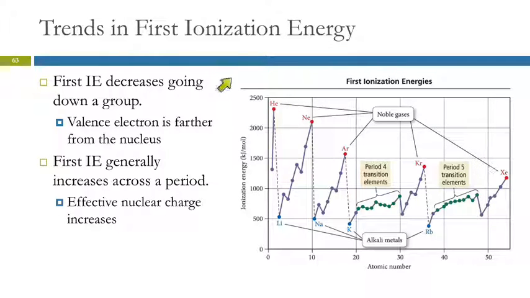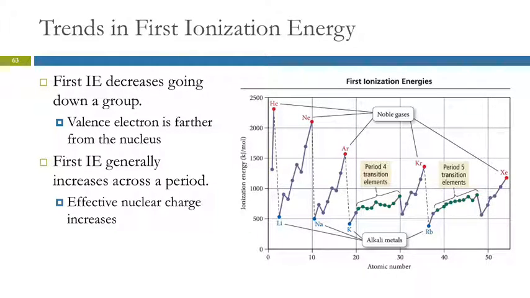So as you go down, ionization energy decreases. Ionization energy generally increases across a period. This trend is actually opposite of the radius. Going from helium to neon, the atom gets larger and ionization energy decreases.